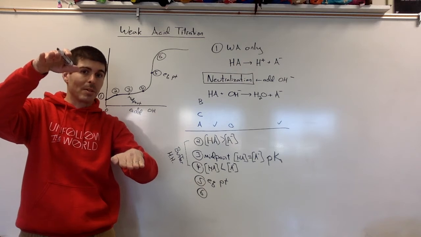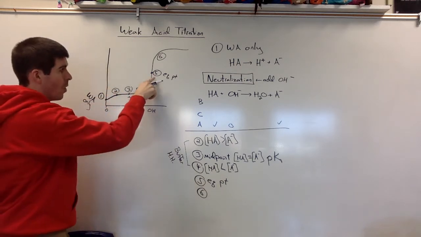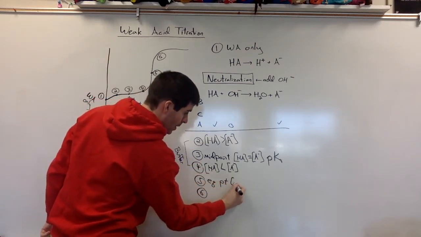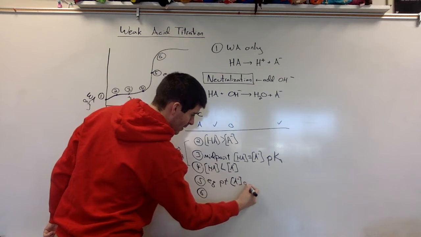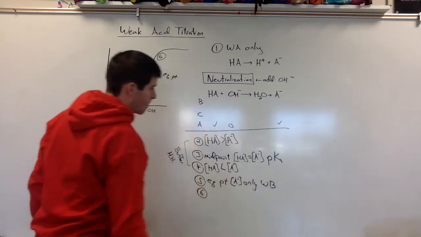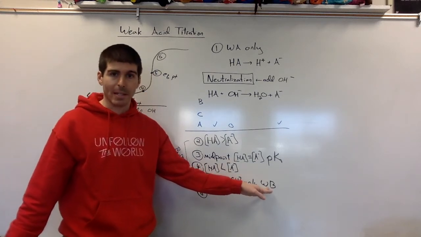And then you can see what happens at the equivalence point. The acid goes to 0, all the acid is gone, and at the equivalence point, we only have A-. And that is a weak base problem. So for the weak base problem, now we need a base equation with A-.